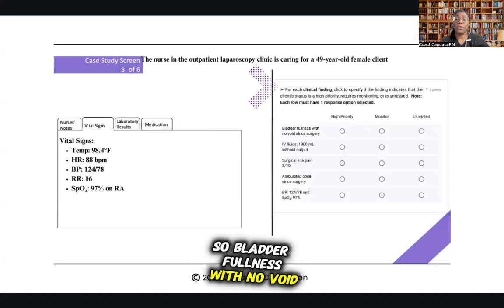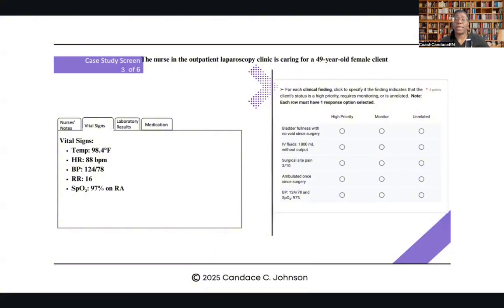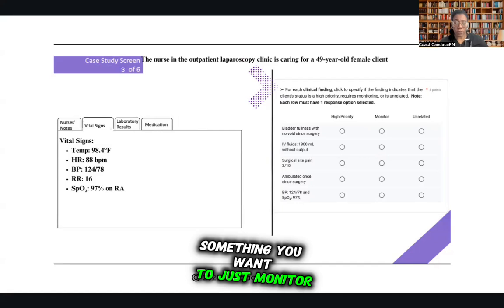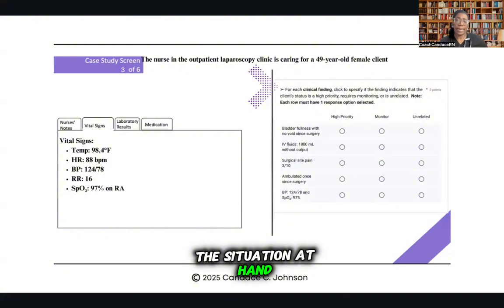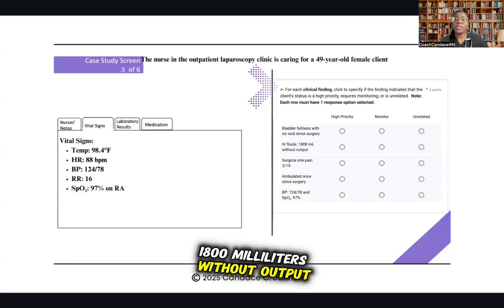Bladder fullness with no void since surgery. Would that be a high priority clinical finding? Something you want to just monitor? Or is this just unrelated to the scenario at hand? The second choice, IV fluids, 1,800 milliliters without output.